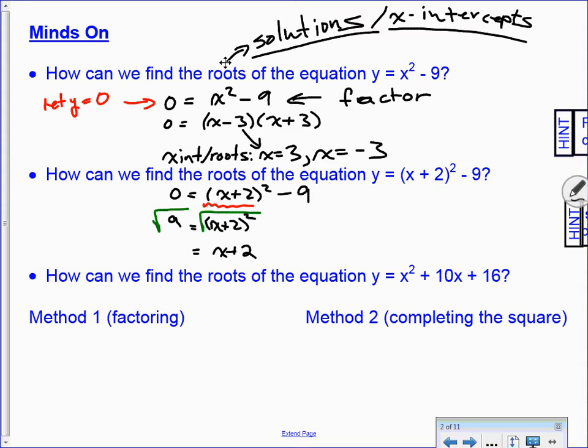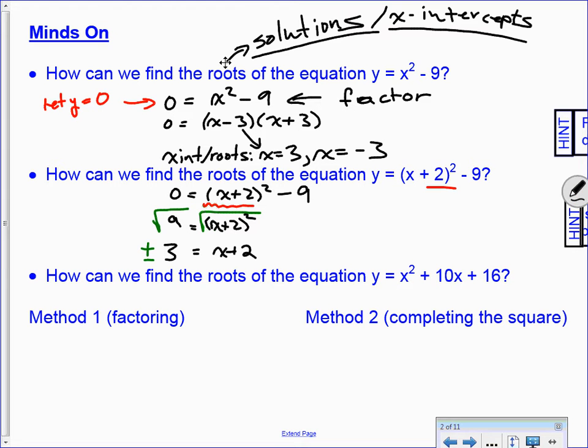But this time, since we have to account for both the left and right side of the parabola, with its division being the axis of symmetry, and in this case the axis of symmetry is 2, we have to account for the plus or the minus of 3.